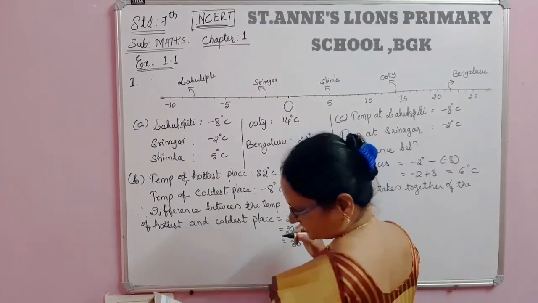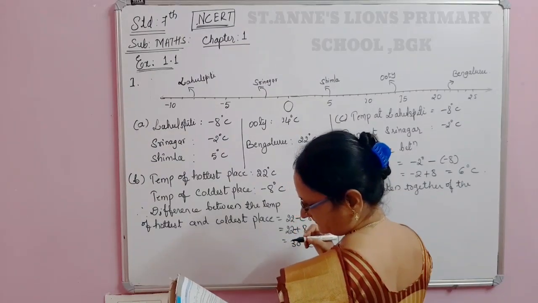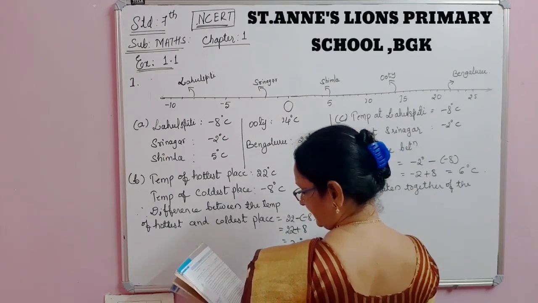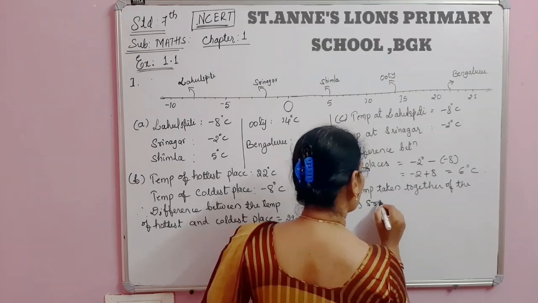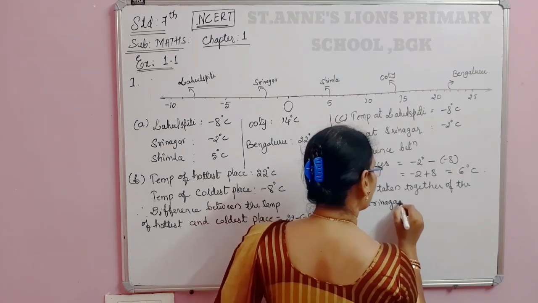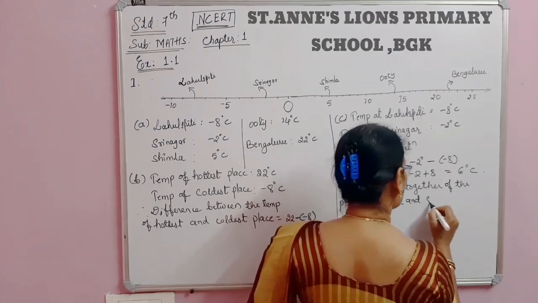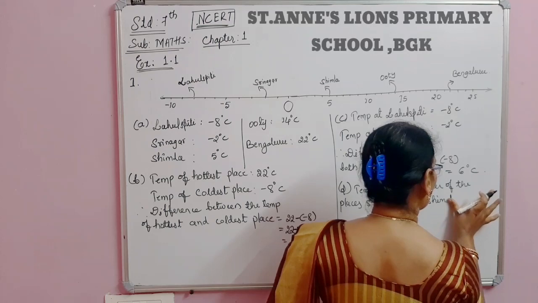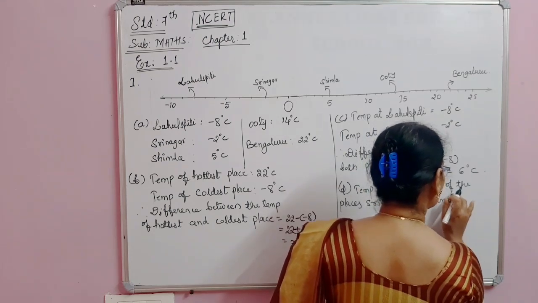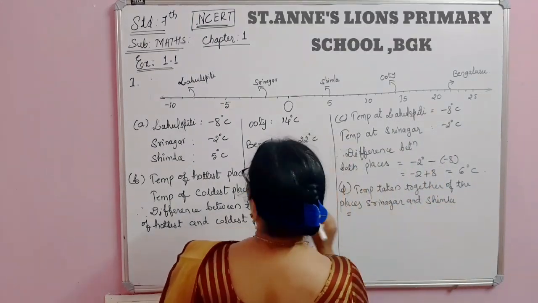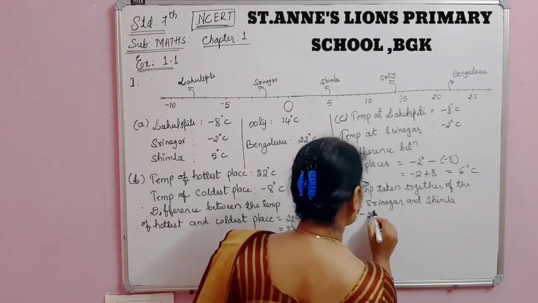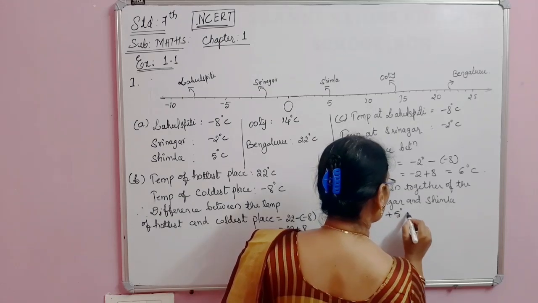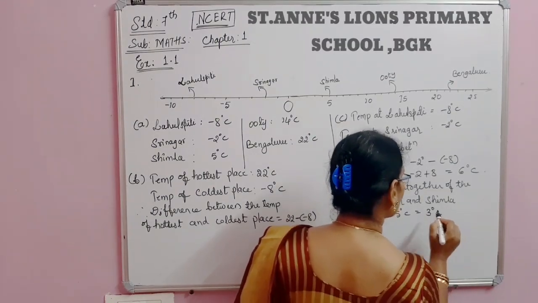Srinagar and Shimla taken together, which means we have to add them. Temperature of Srinagar is minus 2 degree Celsius, Shimla is plus 5 degree Celsius, is equal to 3 degree Celsius.